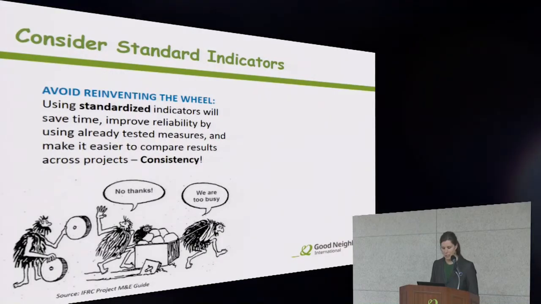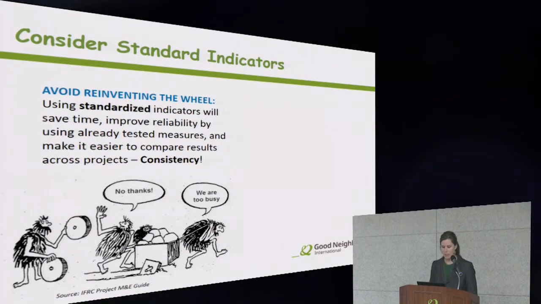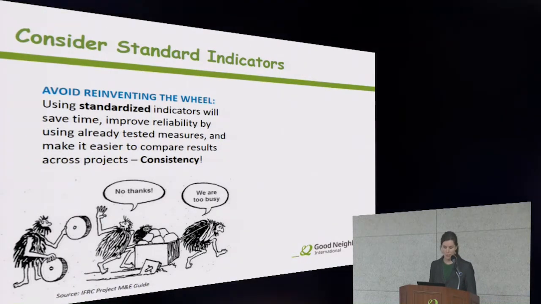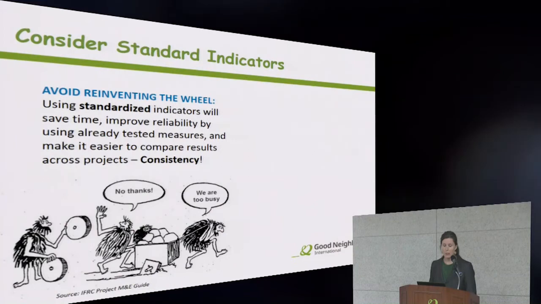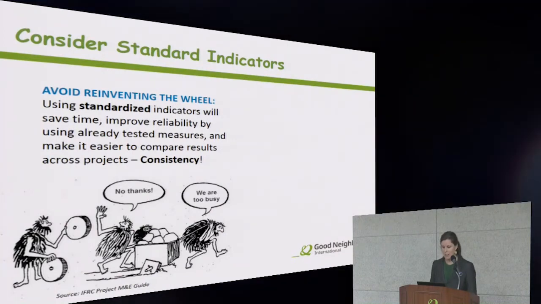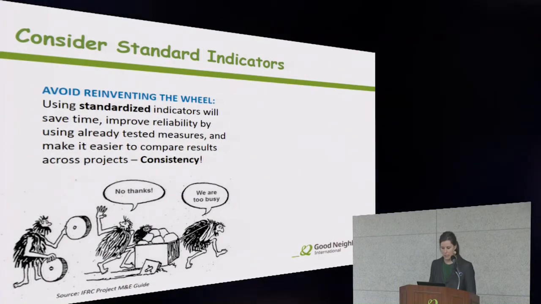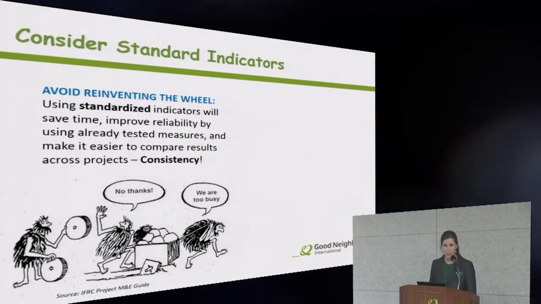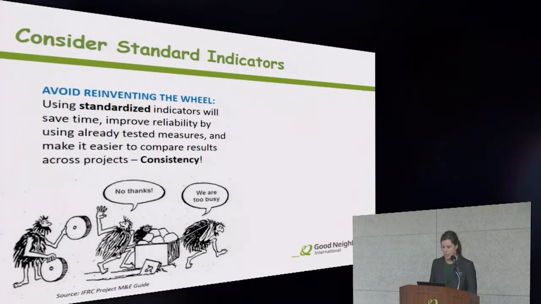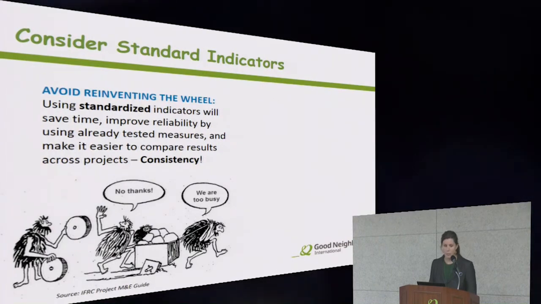So also, when it comes to indicators, there's no need to reinvent the wheel, which means there's no need to redesign an indicator every time. So good standard indicators already exist out there in the development field, and using them will allow us to compare with others.